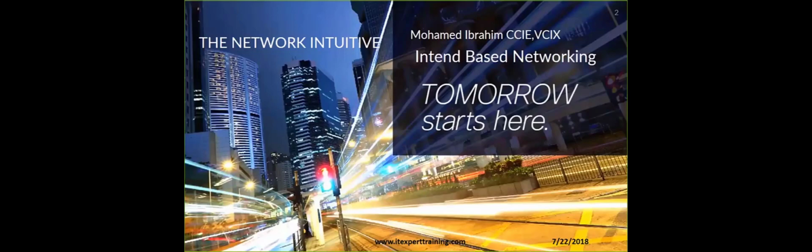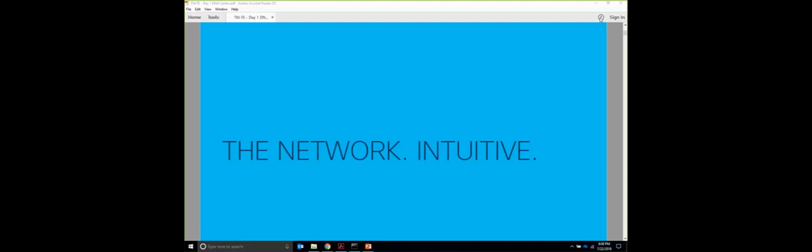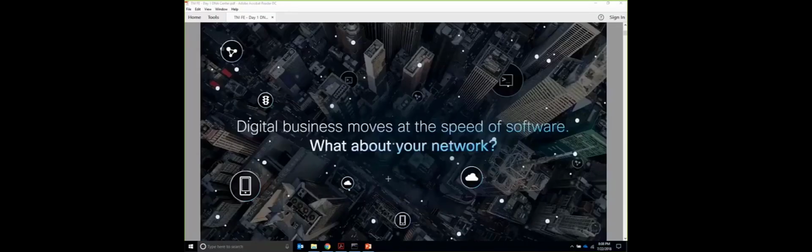Today's session, we will be talking about Indian-based networking, which is mainly based on Cisco DNA. So the network intuitive, this is the focus of today's seminar. As you all know, the digital business moves at the speed of software.